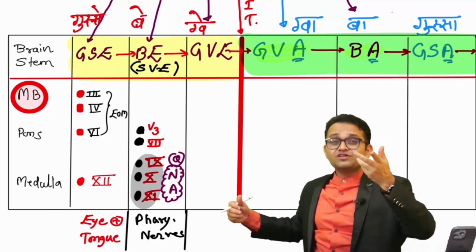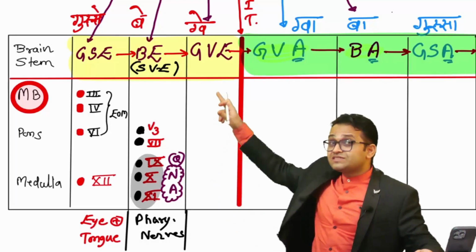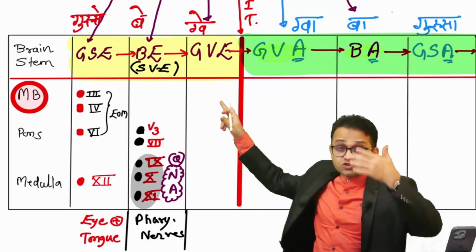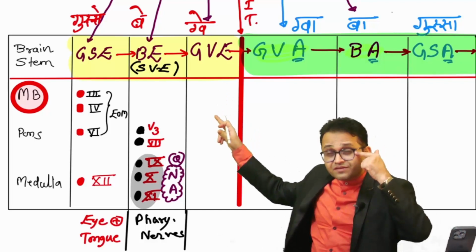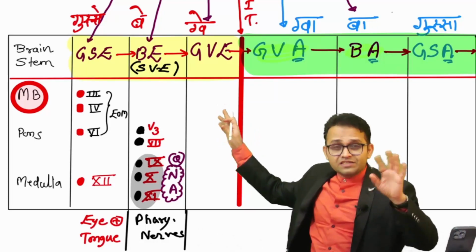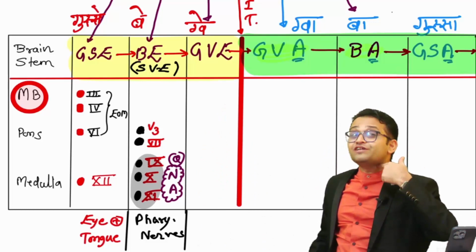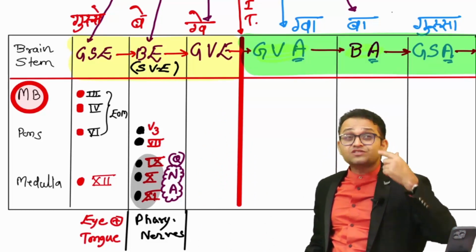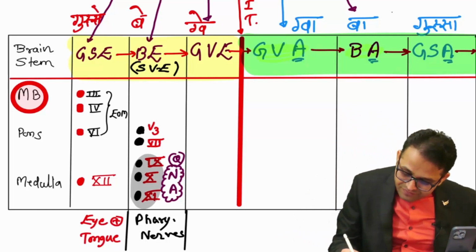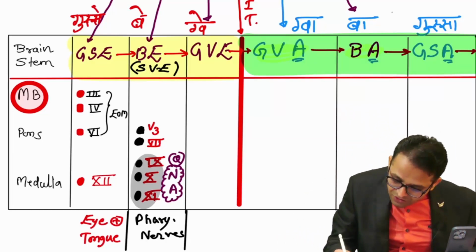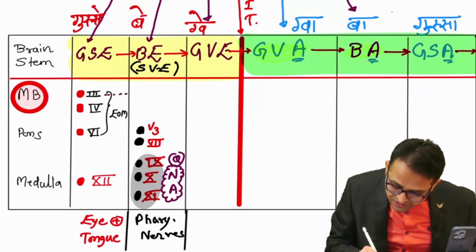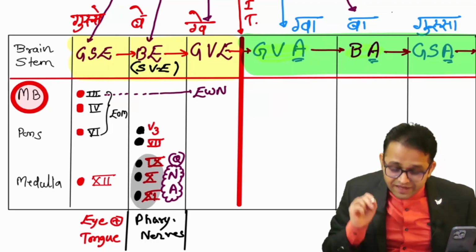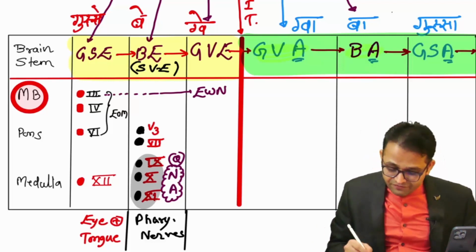So it is efferent and it is not somite, it is viscera. It is not special viscera because it is not related to the pharyngeal apparatus. So the Edinger-Westphal nucleus, the part of the third cranial nerve, is an MCQ. Every point is an MCQ.